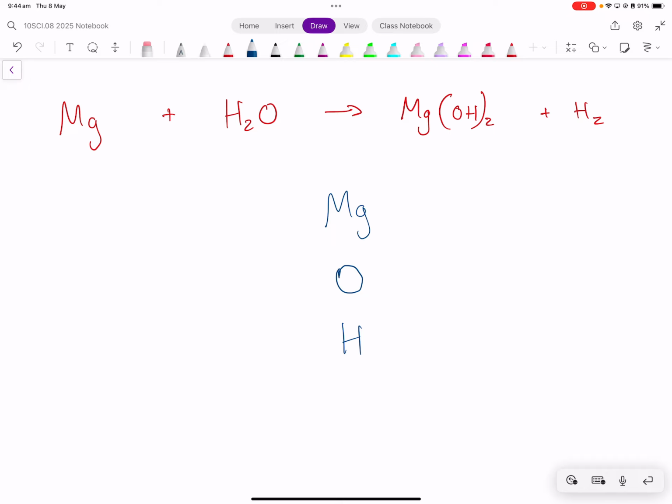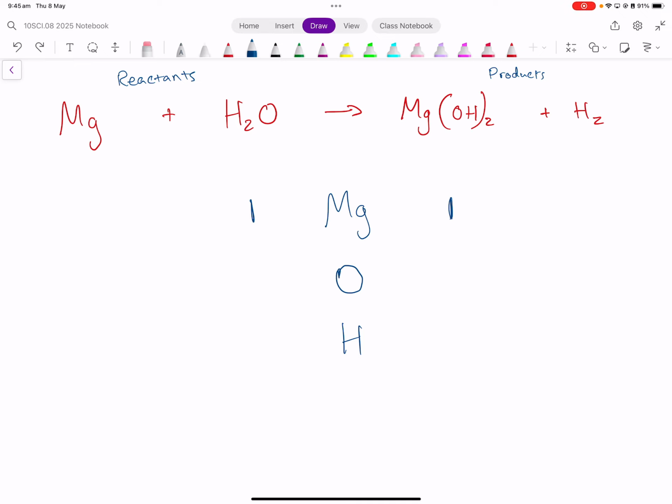As of right now, how many magnesiums do I have over on the reactant side? So I'll write reactants up here. How many magnesium do I have? 1. What about over on the product side? 1. So the 2 is only of hydroxide. I only have 1 magnesium.